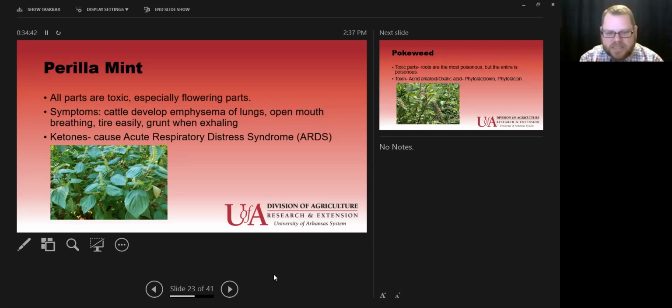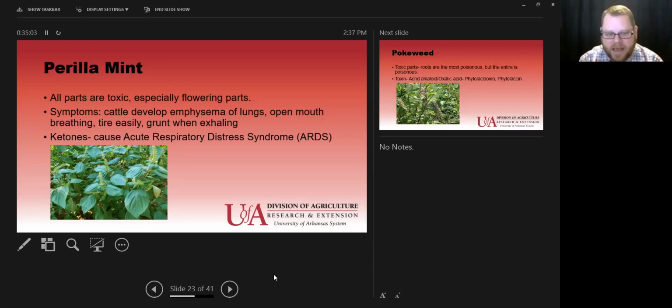And so we see some symptoms here, especially respiratory. And so the ketones in Perilla mint cause acute respiratory distress syndrome. And it can happen pretty quick. You don't realize that the cattle have gotten into there, and then you see the problem and you don't have a cure for that.